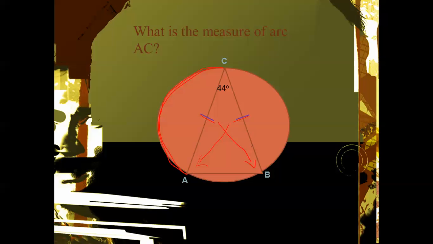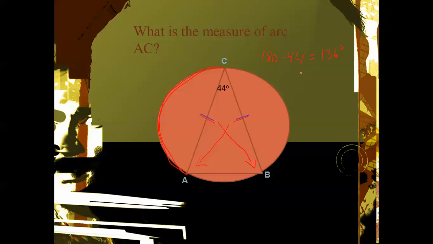So what we need to find out now is what these angle measures are. Well, first of all, we know that a triangle adds up to 180. So what we're going to do first is take 180 minus 44, and that's going to tell us how much we have left of that triangle. So 180 minus 44 gives us 136 degrees.